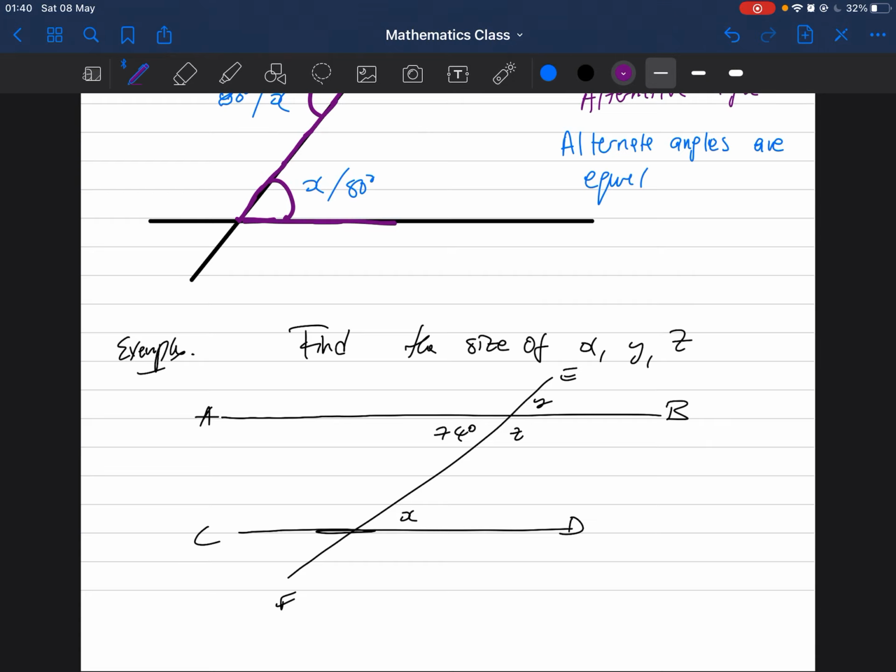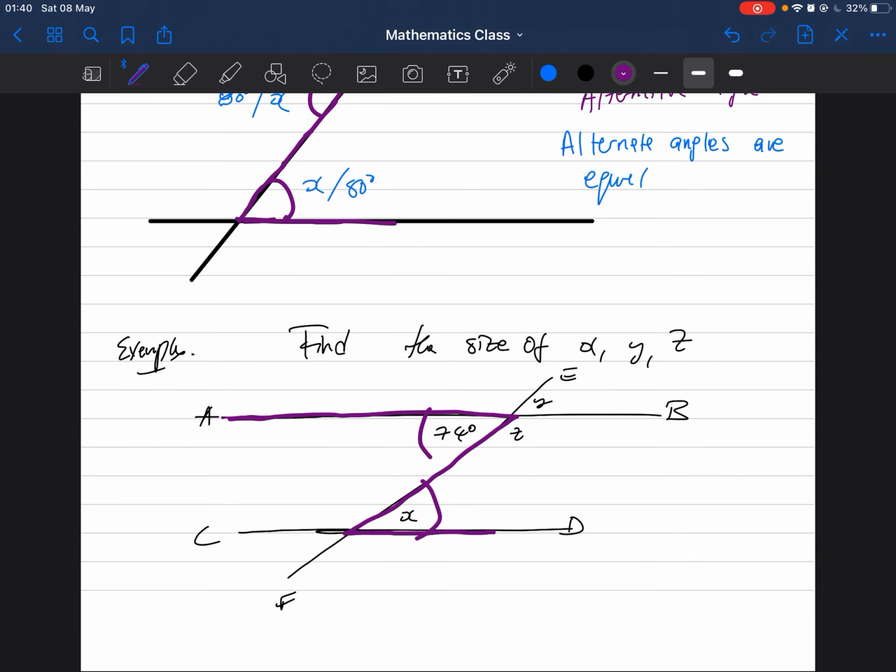So what do we know about parallel lines? About alternate angles, we call them Z angles, right? We said they must form something that looks like Z, and you see this looks like Z, and then we said this angle is equal to that angle.